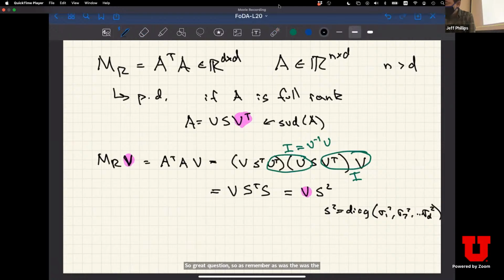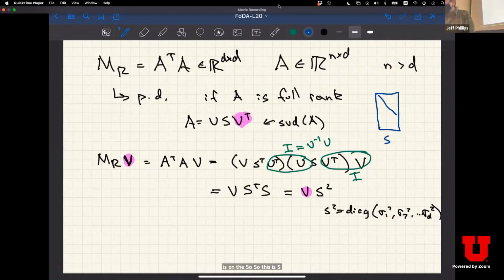Good reminder, S was this matrix where this stuff is on the diagonal, like a rectangular version of this diagonal matrix. And so I do S transpose, so I'm going to get a D by N matrix times the N by D matrix, and all the zeros are going to cancel. I'm going to get back a D by D matrix, S squared.